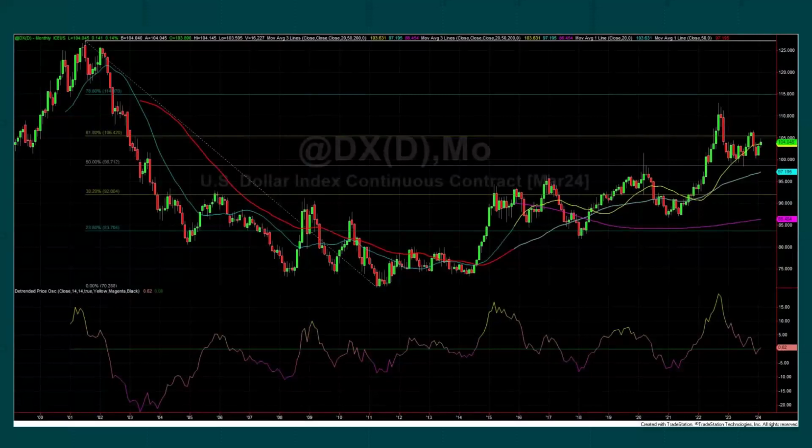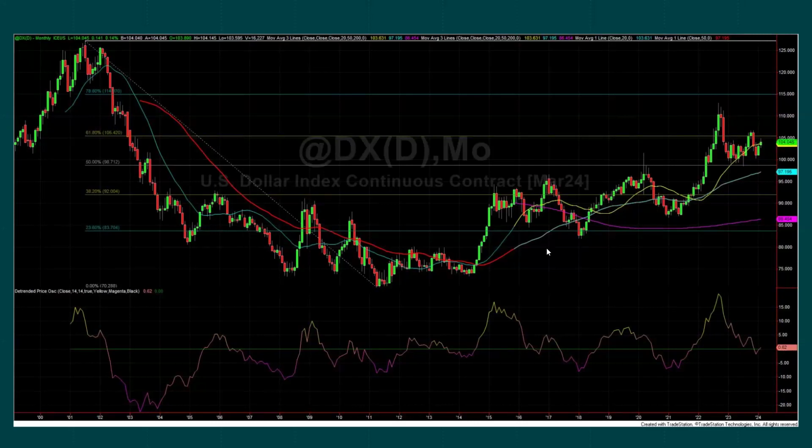I have a 25-year chart of the dollar, and we'll discuss what this dollar index is. You can see we had the internet bubble, and of course, we hit the highs, and then the Fed started increasing rates at that time, and then we had the recession and the financial crisis.